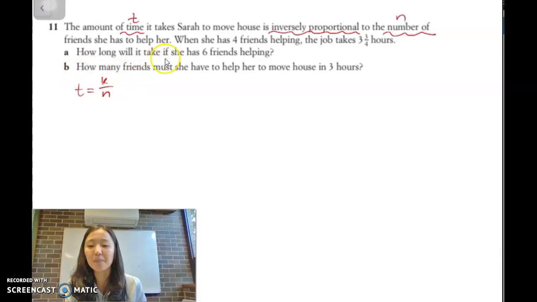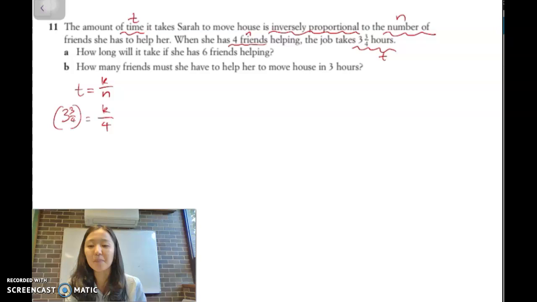Let's see if we have any specific conditions. When she has 4 friends helping, the job takes 3 3/4 of an hour. So when n is 4, t is 3 3/4. That's what we will substitute into my general equation here. So 3 3/4 is equal to k over 4.